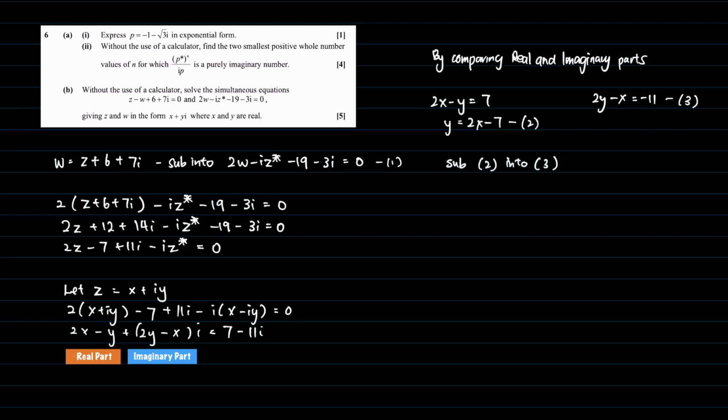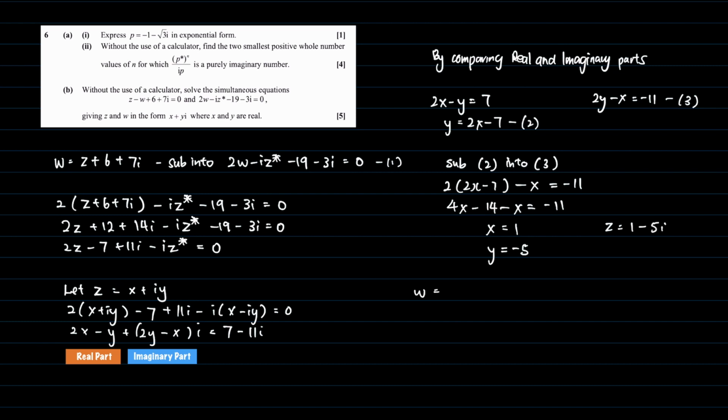By substituting equation 2 into 3, we will have 2 multiplied by 2x minus 7 minus x equals to minus 11. 4x minus 14 minus x equals to minus 11. We have x equals to 1, and finding the value of y, we will have minus 5. Now here we see that the complex number z equals 1 minus 5i.